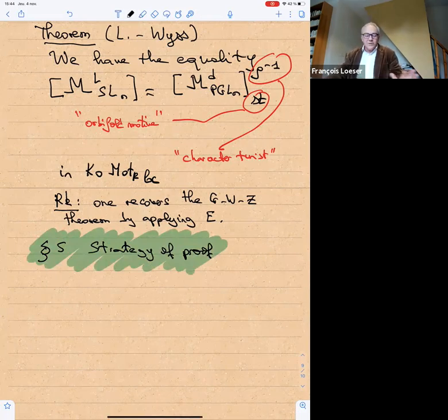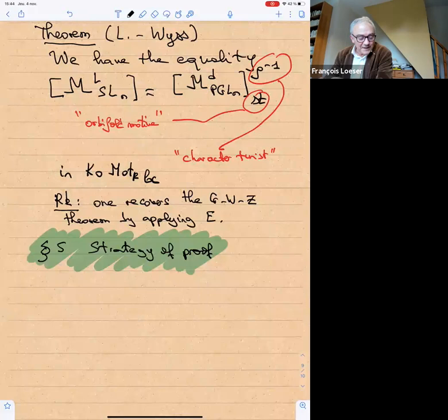I guess you won't be much surprised if I say we replace p-adic integration by motivic integration. This is not so surprising, but the problem is that you have to make things work.